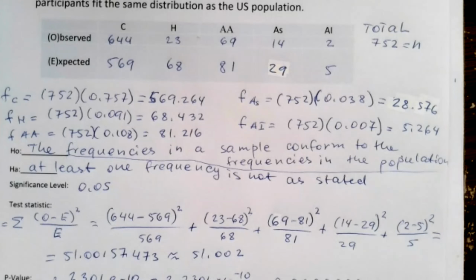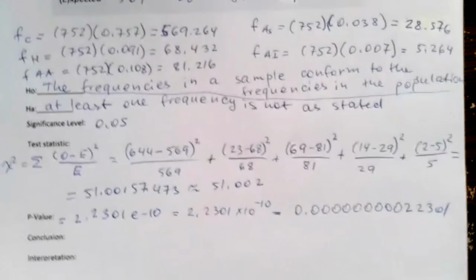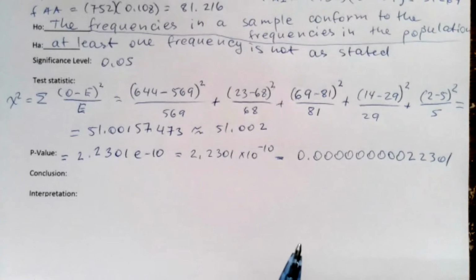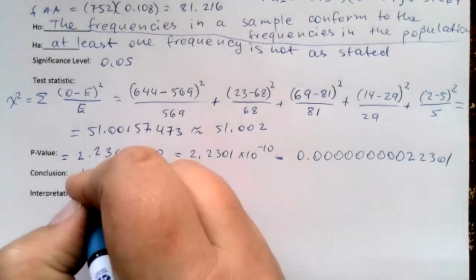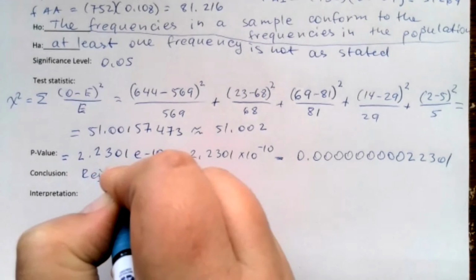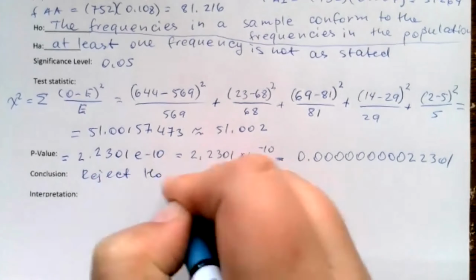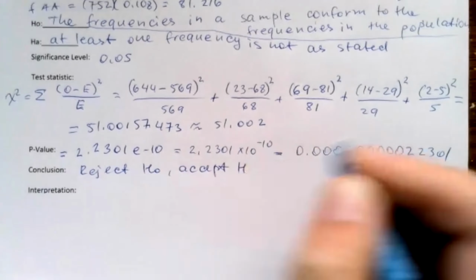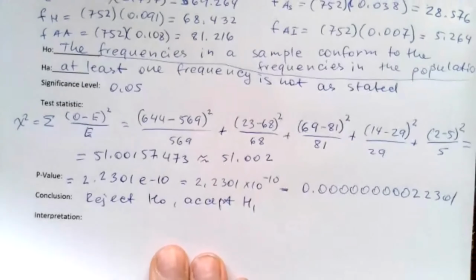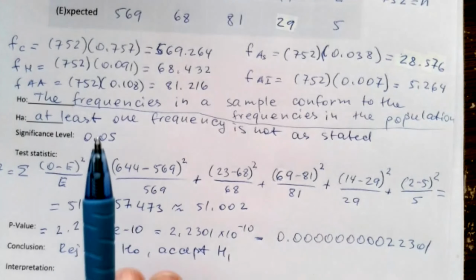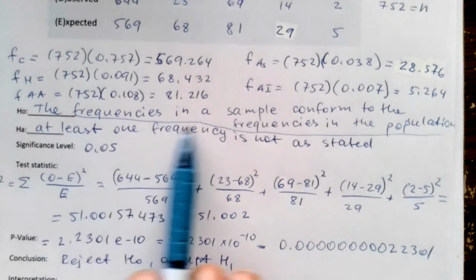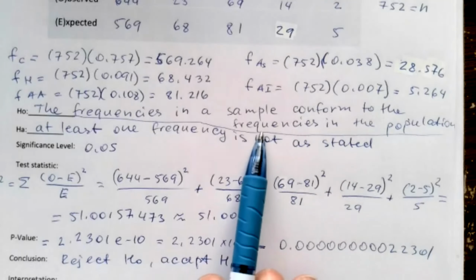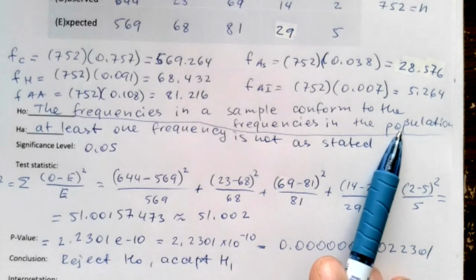Okay, so what do we conclude here? Well, since our p-value is less than alpha, we're going to reject the null and accept the alternative. The null says that the frequencies in the sample conform to the frequencies in the population. We rejected that statement.